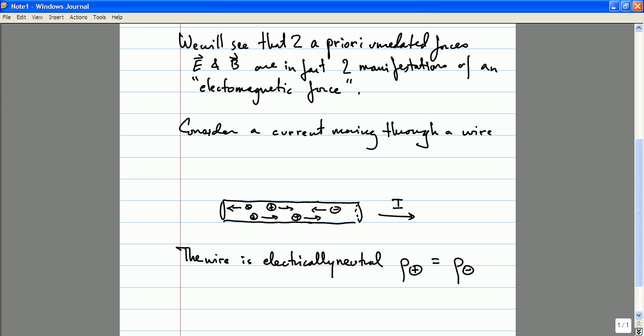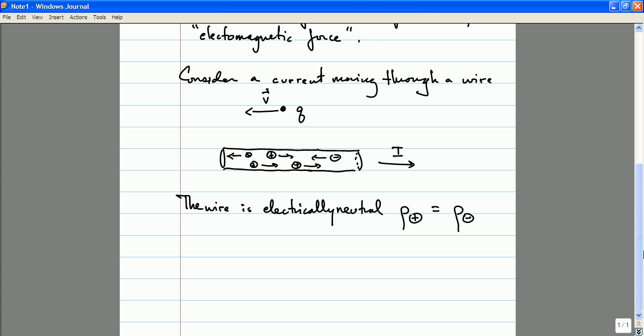So let's now consider the following experiment. Let's take some charged particle. It could be another electron, or it could be some other charged particle like a proton that is positioned outside of the wire, and is moving with some velocity v. And then we would like to ask, what is the motion of this charged particle?